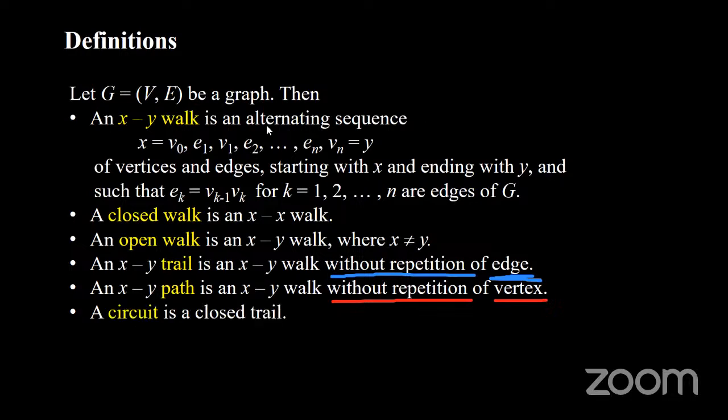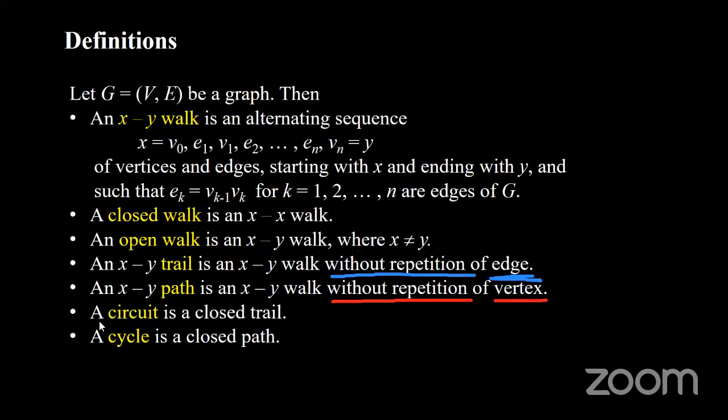And a circuit is a closed trail, so no edge repeated, and the beginning and the end are the same vertex. And a path, if it is closed, then we call it a cycle.